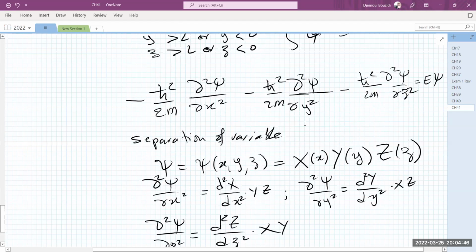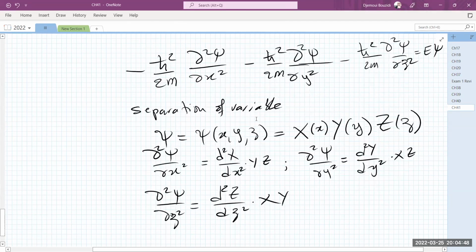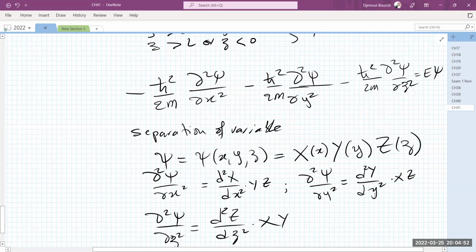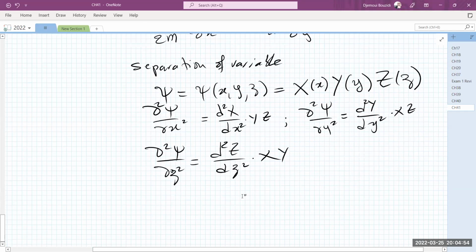So we sub into this equation everything, and we see what we get. The first term in here is going to be the second derivative with respect to x times YZ. So I'm going to have minus h bar squared over 2m times YZ times the second derivative of X with respect to x.